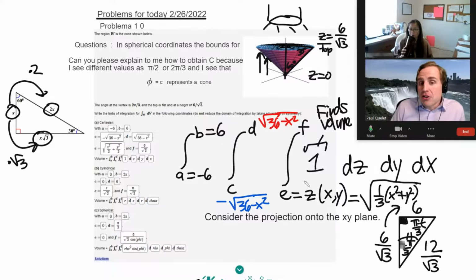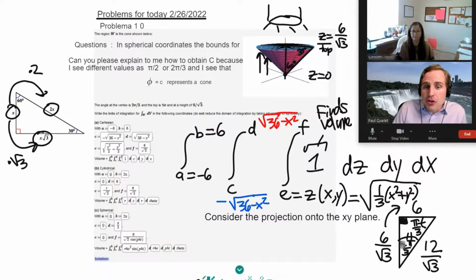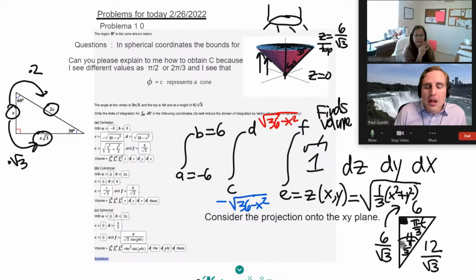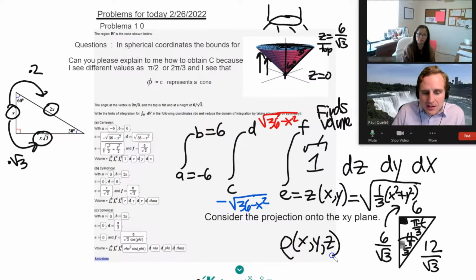But there are some things that are not quite so much constant density. Now, the reason I bring that to your attention is because if the integrand here was, let's say, rho, the density, as a function of x, y, and z, if you integrated that rho over the volume, you'd get the total mass.